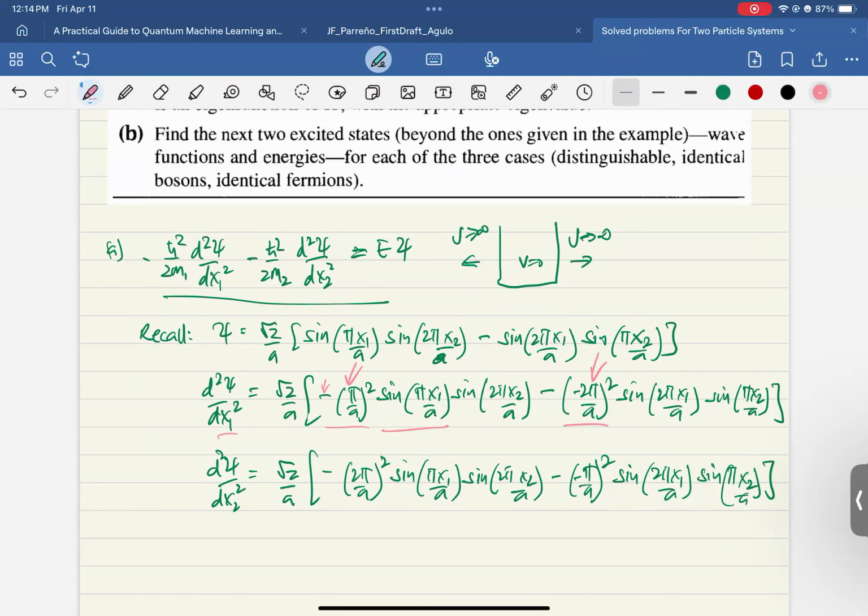So again, kaya lumitaw yung mga coefficients na yan kasi we're taking the second derivative of this term here.